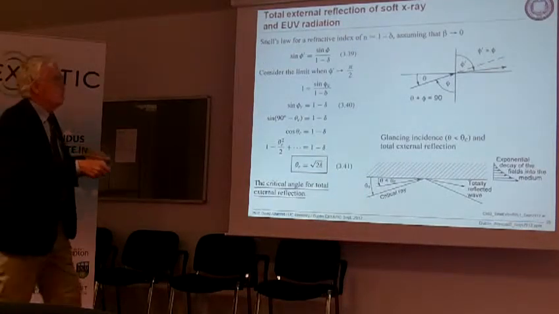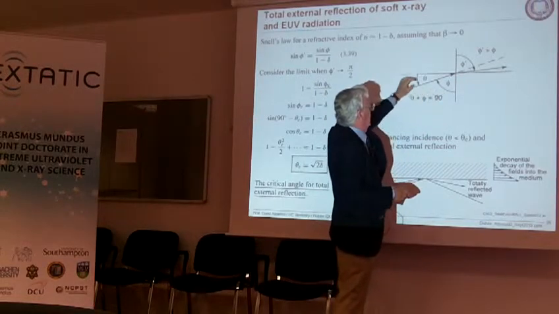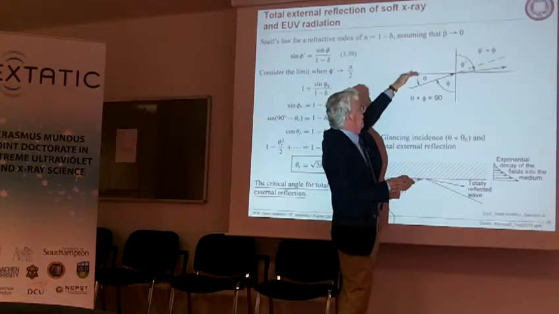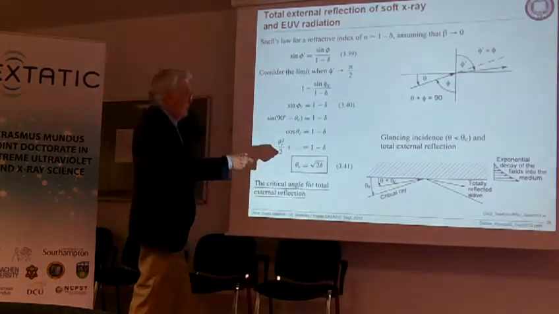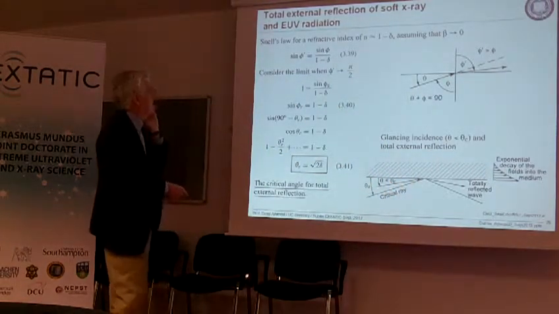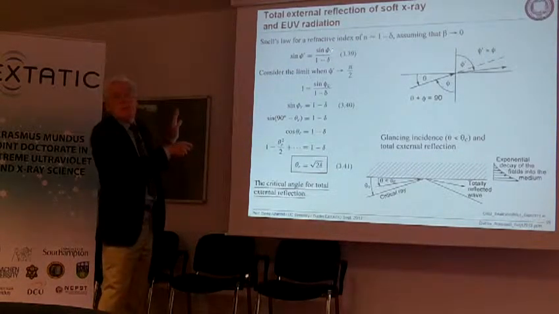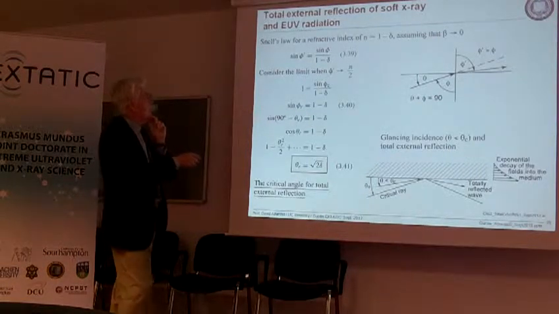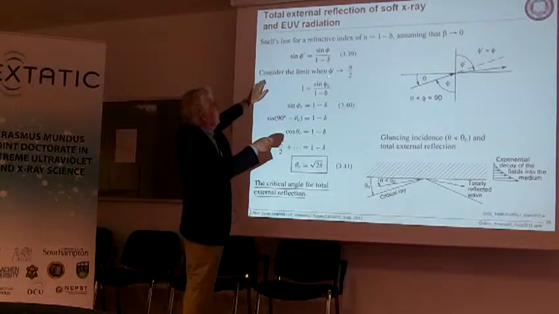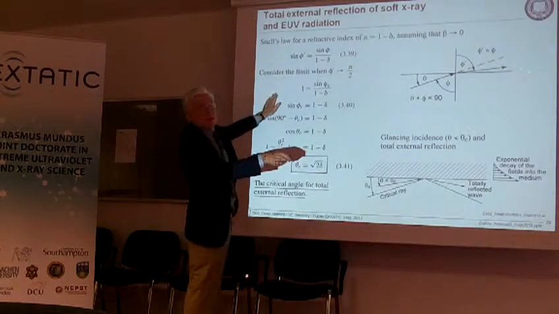So here's our geometry now. Here's measuring angle phi from the normal, but adding up to 90 degrees is this other angle measured from the interface. And the angle of incidence and everything is shown here. This is Snell's law. Now, leaving off the beta part for the moment, so we can just get a good understanding of this in simplicity, consider the limit when phi prime goes to pi over 2, when this refracted angle is actually running along the interface.